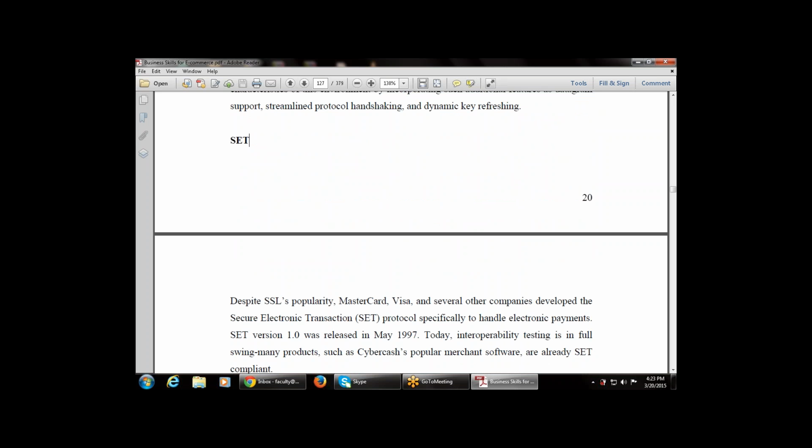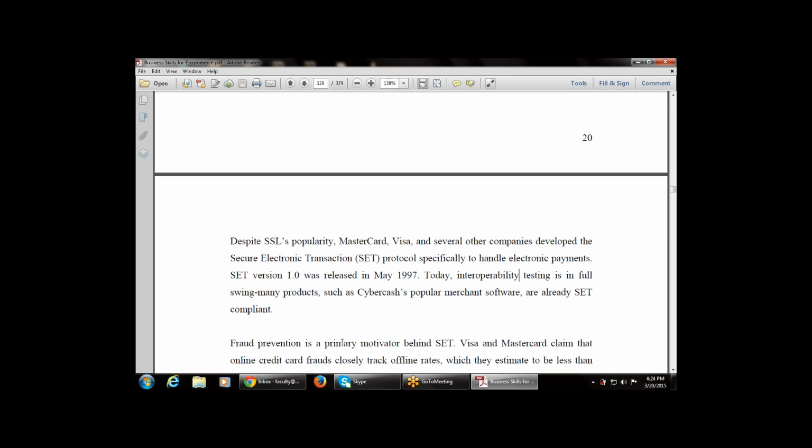Despite SSL's popularity, MasterCard, Visa and several other companies developed the Secure Electronic Transaction protocol. Along with SSL, most companies use another protocol for e-payment systems, SET, which is specifically used to handle electronic payments.